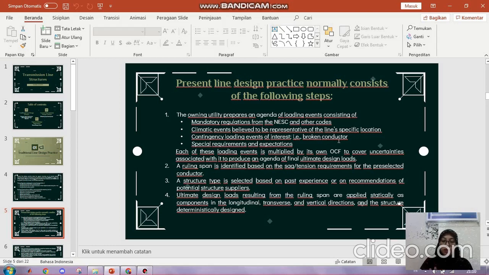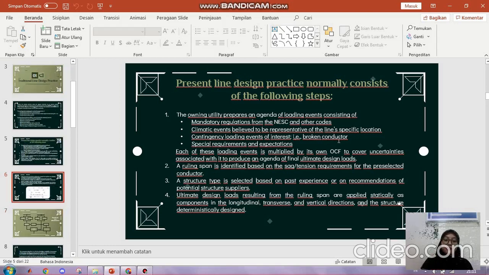Number four, ultimate design loads resulting from the ruling span are applied statically as components in the longitudinal, transverse, and vertical directions, and the structure is deterministically designed.